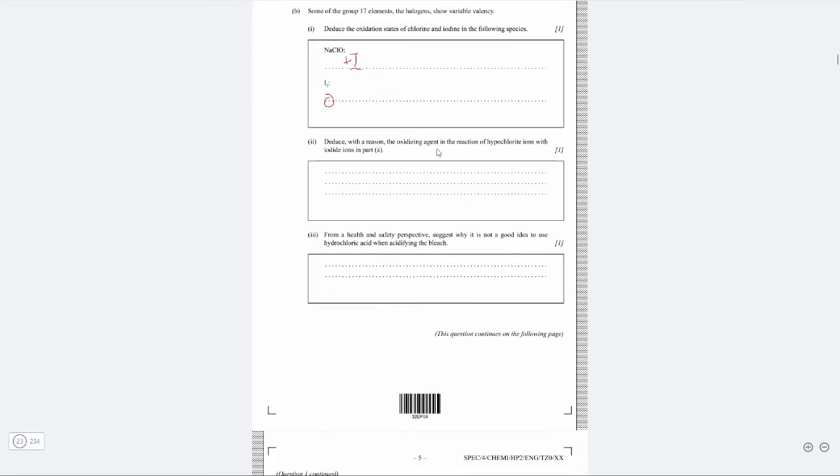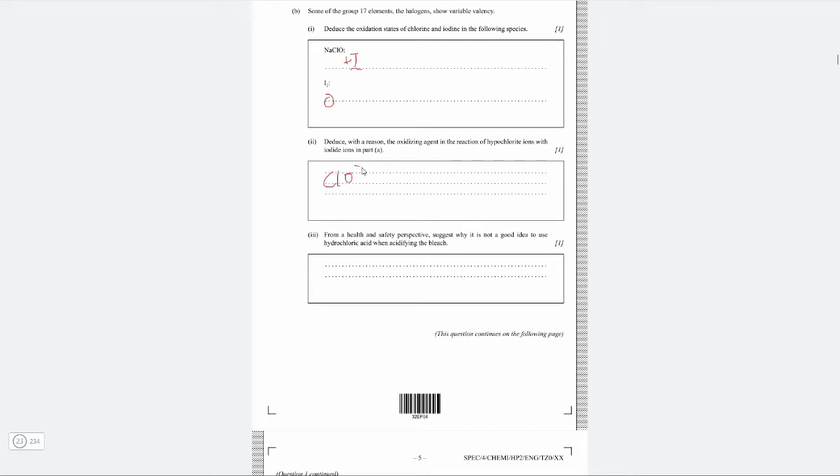Okay, next question. From a health and safety perspective, suggest why it's not a good idea to use hydrochloric acid when acidifying the bleach. Okay, so in this case if we use hydrochloric acid instead of the iodide, we will actually produce chlorine gas. Let's see if I can write the equation.